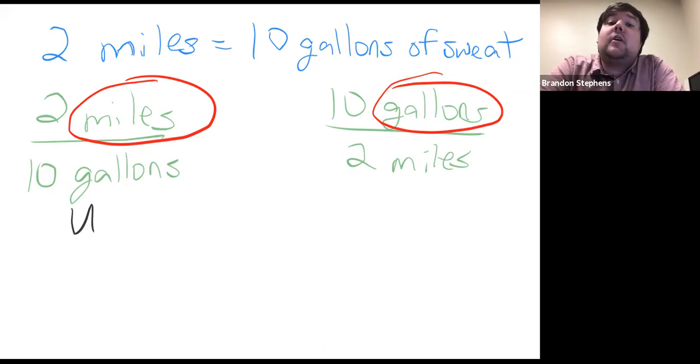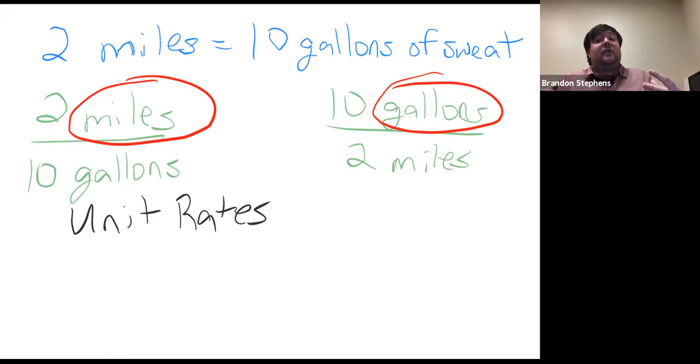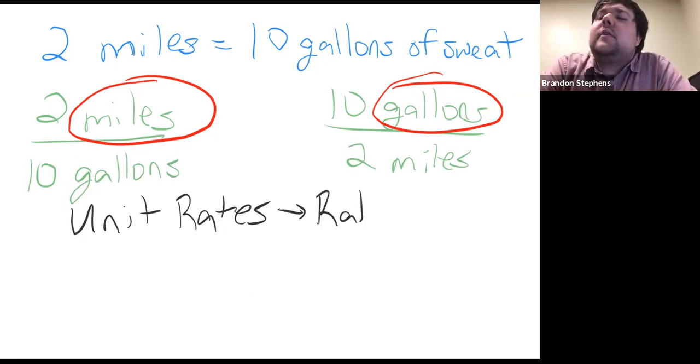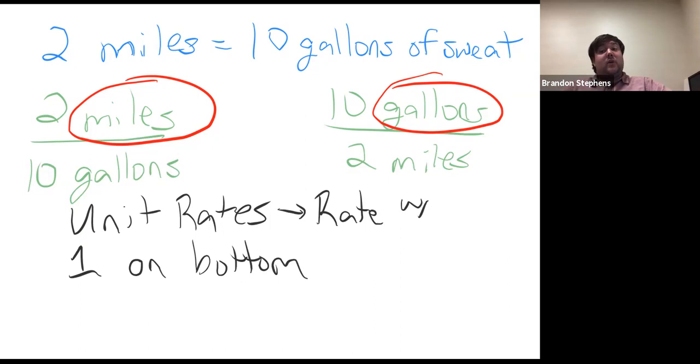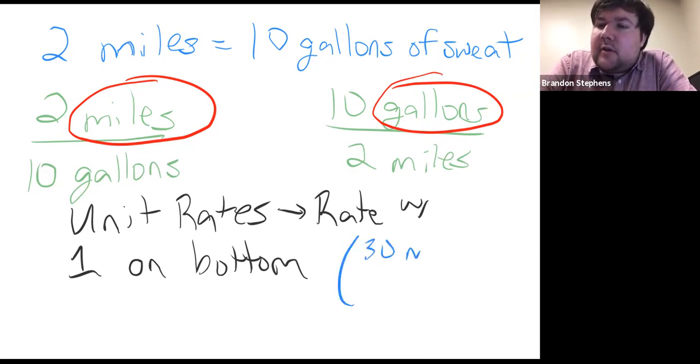And actually, the 30 miles per gallon is an example of a unit rate because you have 1 as the numerical value on the bottom of your rate. So, 1 on bottom. The 30 miles per 1 gallon is already a unit rate.